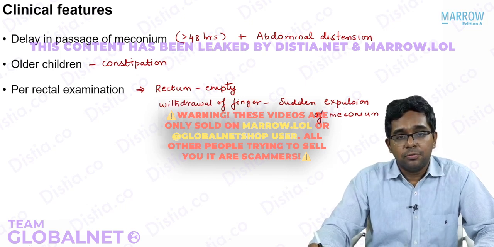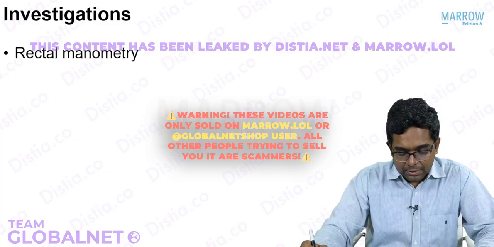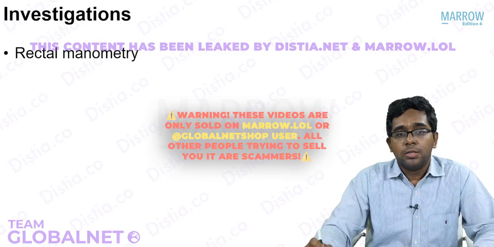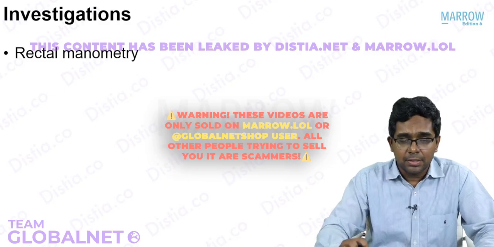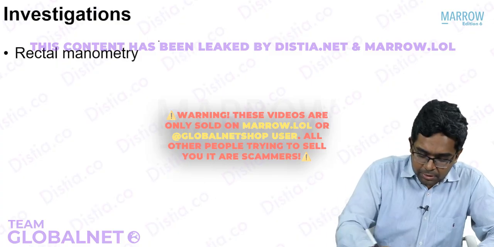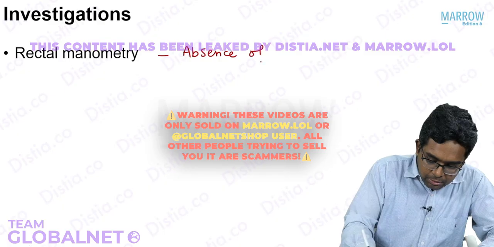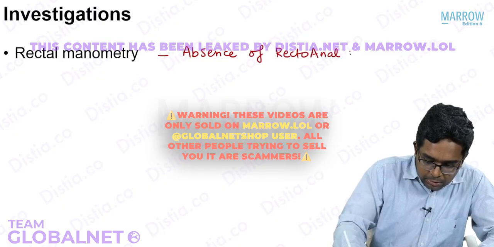Next, you have to proceed for investigations. The first investigation which we can do is rectal manometry to look for changes of pressure inside the rectum. A classical finding in rectal manometry is absence of the recto-anal inhibitory reflex.